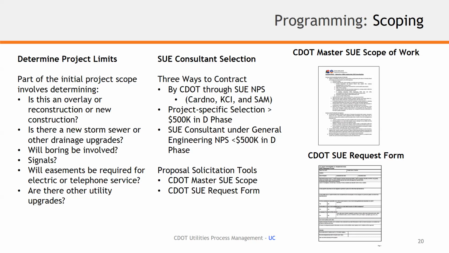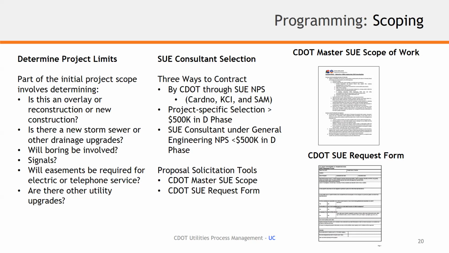Are there any utility upgrades that need to happen, whether it's with stakeholders, municipalities, or utility companies that have old, aged infrastructure that may need to be upgraded, and maybe a good time to look at that as a possibility as well.